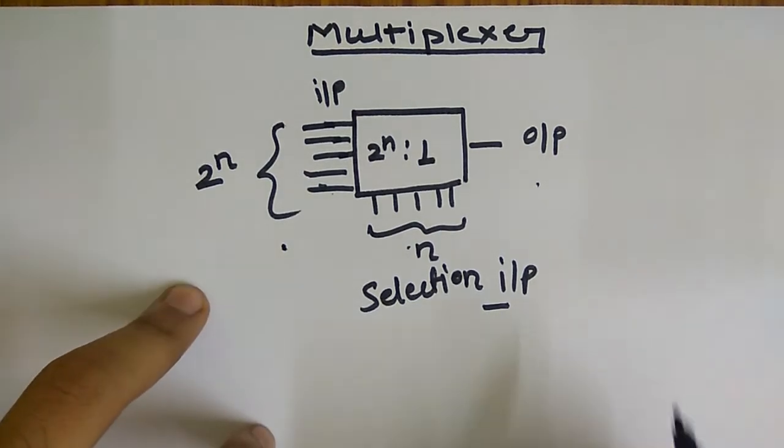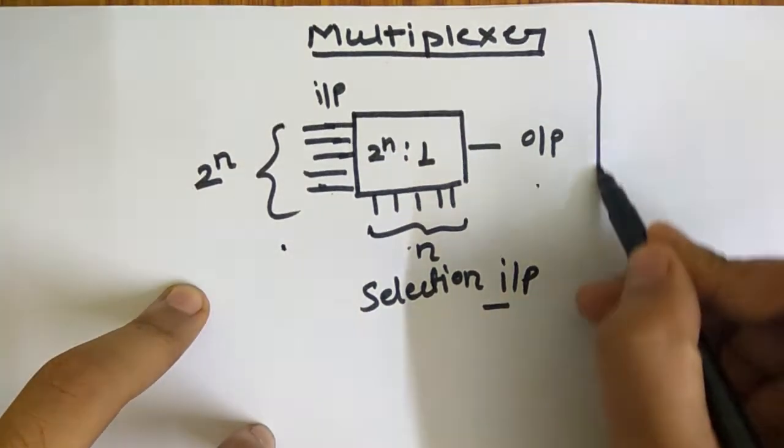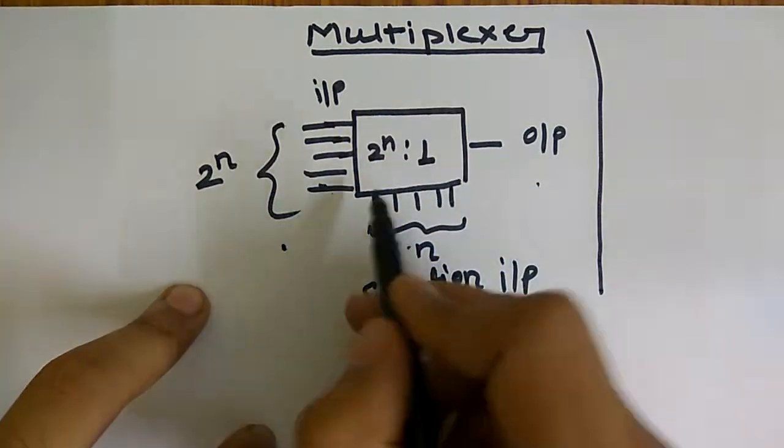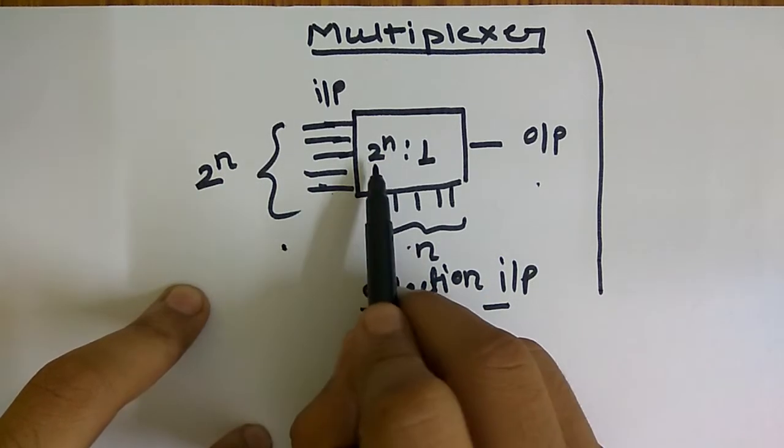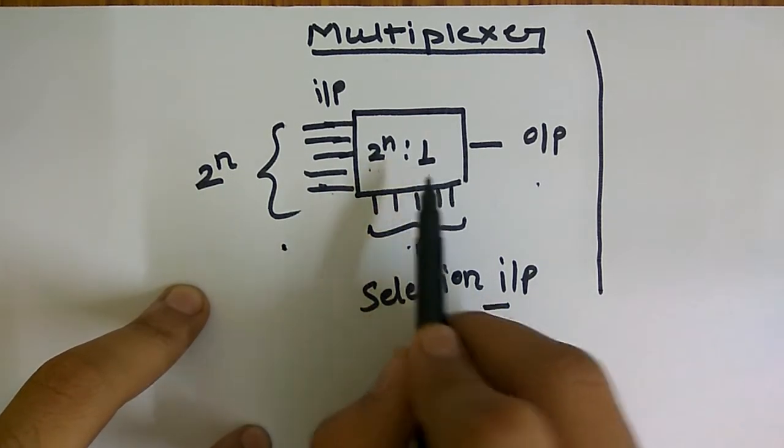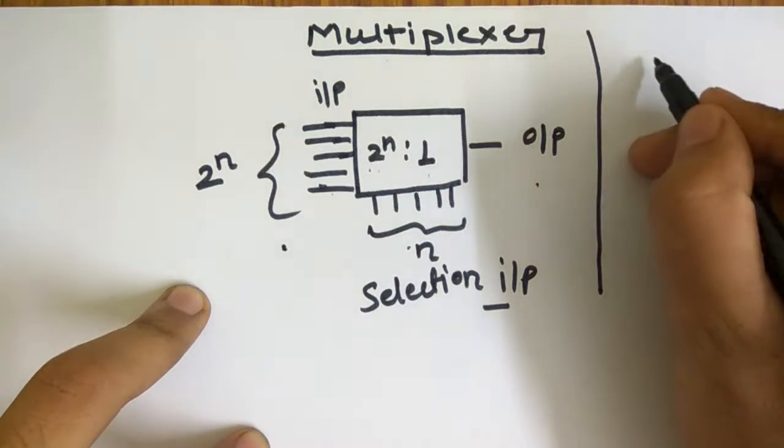So firstly we will start with n equal to 1, the 2 raised to 1 multiplexer.